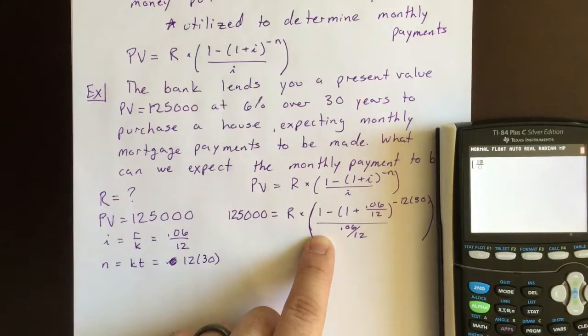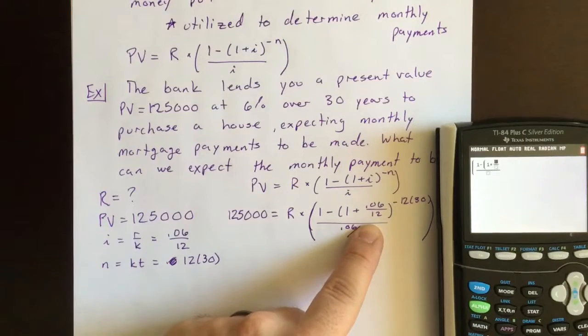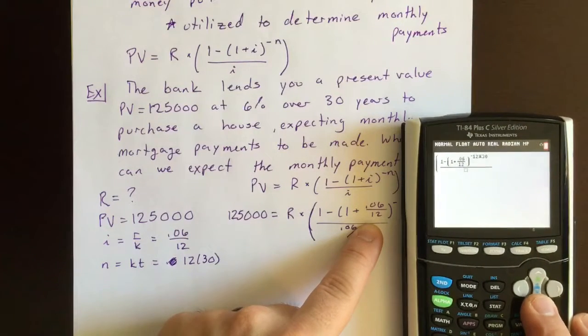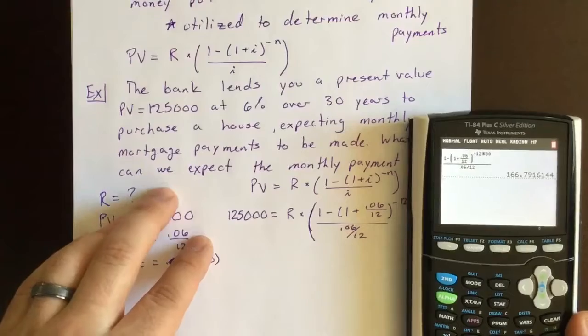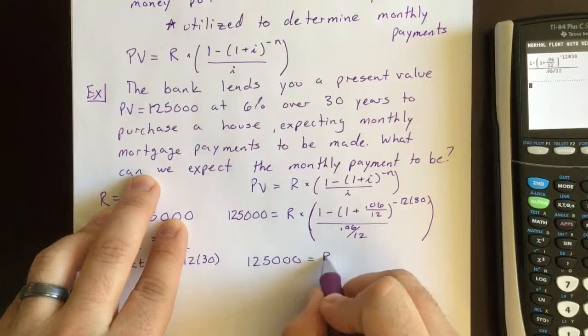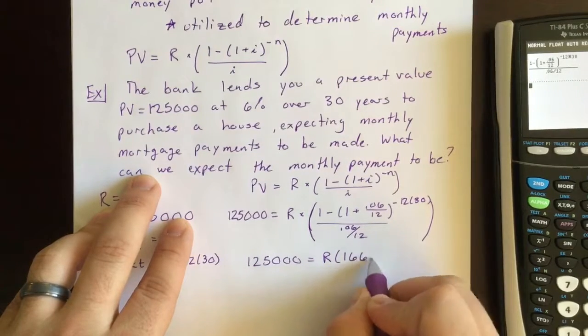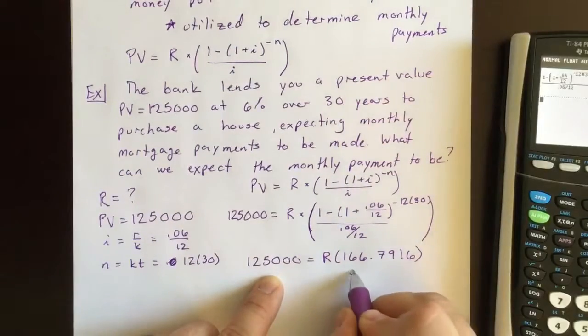Okay. So 1 minus 1 plus 0.06 divided by 12, raised to the negative 12 times 30, and then divided by 0.06 divided by 12. Alright, so there's that. We get 166.79. So we're going to divide now by that.